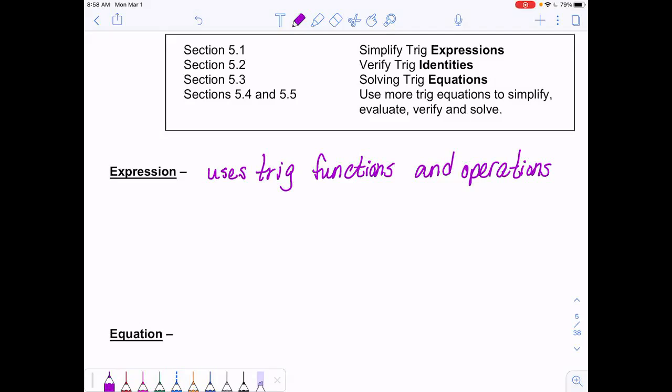Think of an algebraic expression, x squared y minus 3x squared y plus 2x minus 5y, something like that. So we're going to have trig functions and operations. A trig expression might say the cosine of x times the secant of x, maybe times the tangent of x. That's an expression. So I have trig functions, and the operation in this case is multiplication.